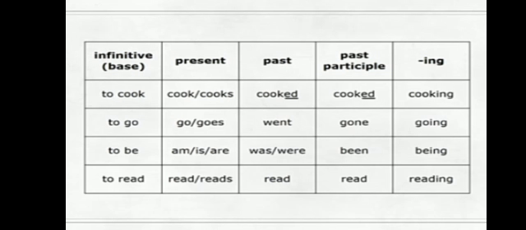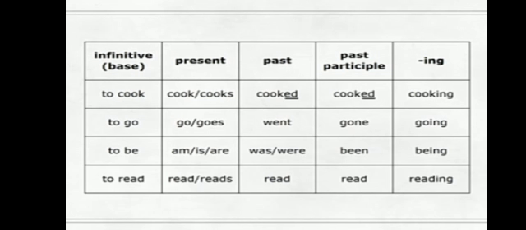Then to be: the present form of to be is is, are, am, and the past form is was, were, past participle form is been, and the fourth form is being. Then to read is the infinitive, and its present form is read, past form is read, past participle form is read, and the fourth form is reading.